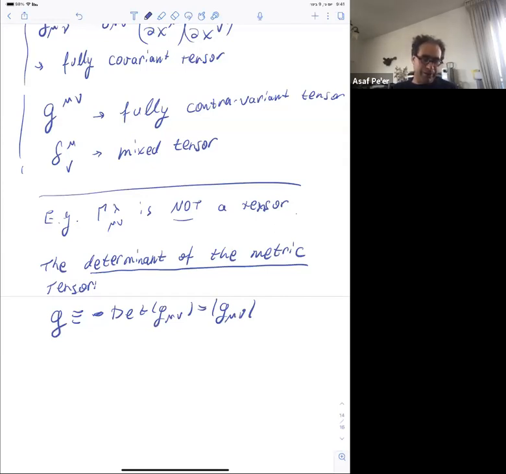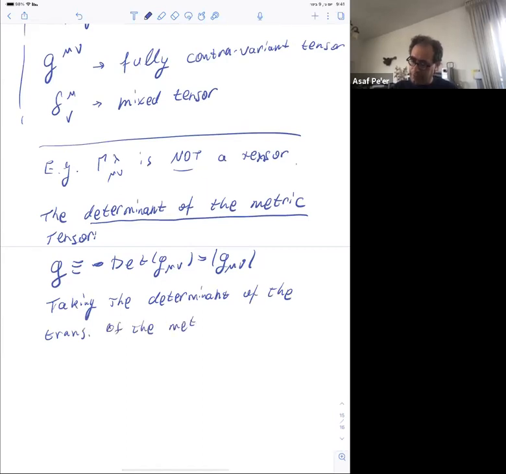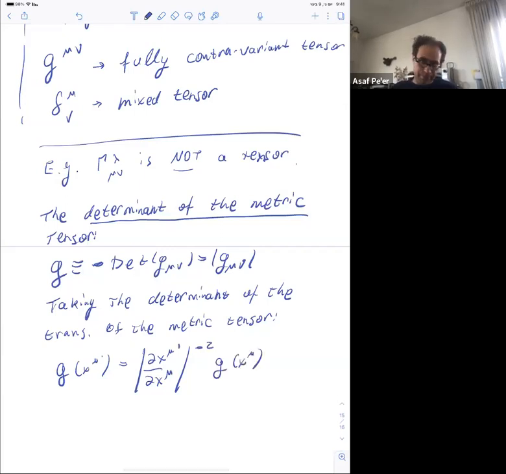So if I do the transformation of the metric tensor and take the determinant, G of x mu prime is dx mu prime over dx mu to the power -2 times G of x mu.